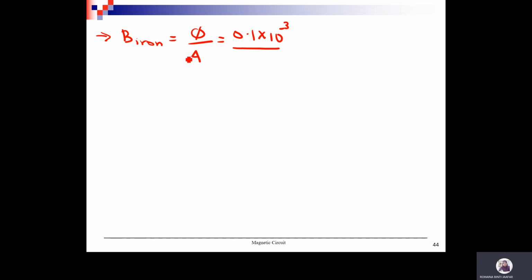And your area of the magnetic circuit is given as 0.2 times 10 power minus 3. Then calculate, and you will get 0.5 Tesla. So now you have the value of B. Next step you have to find H, so H iron.